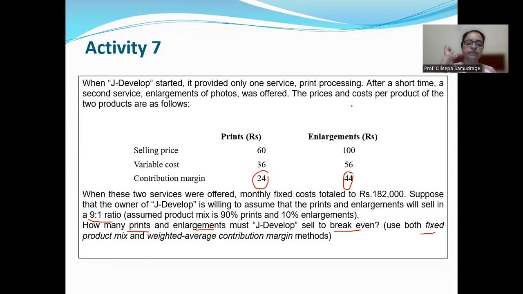So if 700 packs are there, find out how many prints, how many enlargements. 6,300 prints, 700 enlargements, okay? Any other answers?